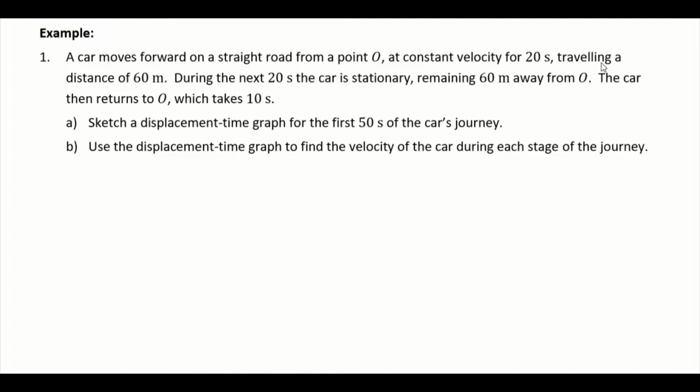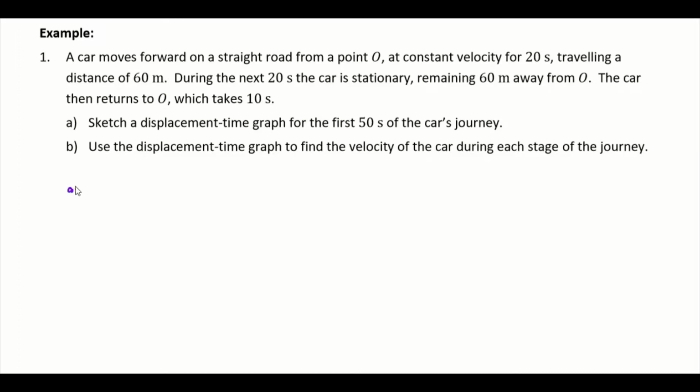So you can take out some important information, then roughly you know what numbers you should have on your graph itself. The time is 20 seconds, the next 20 seconds, then another 10 seconds. So you can draw your graph with 10 seconds per interval.